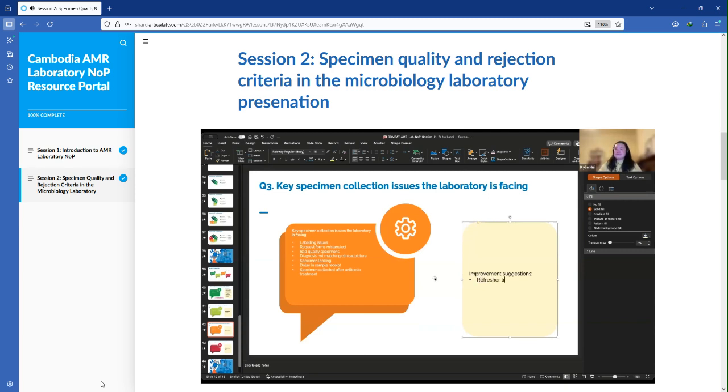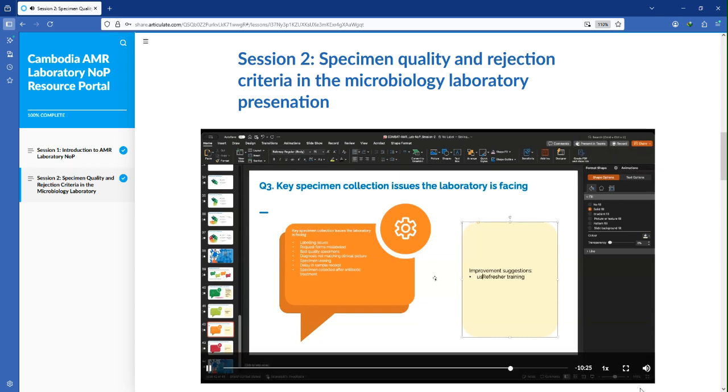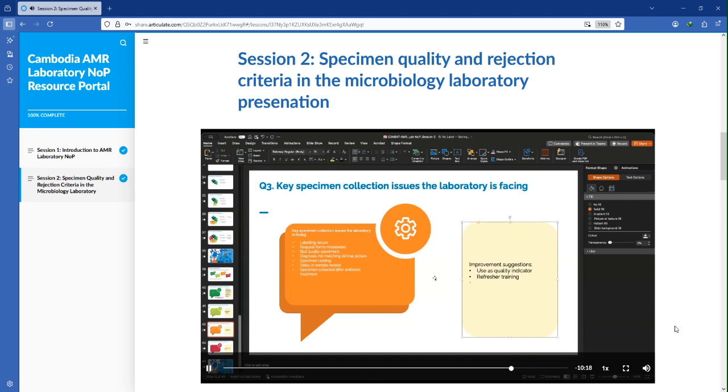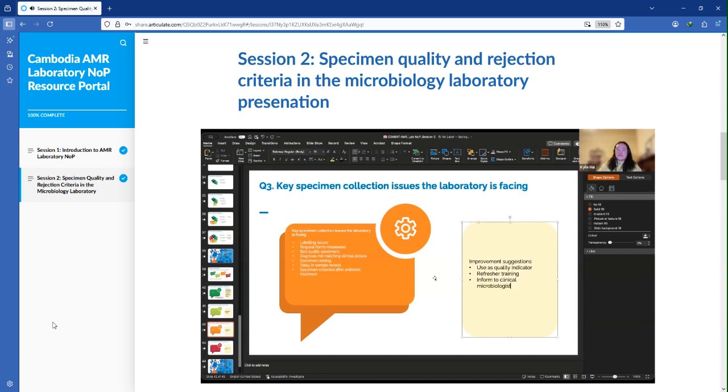We can keep this as a quality indicator in our labs and check every month if specimen rejection has increased due to something. So we will inform the clinician and the clinical microbiologist to refresh the clinician. Yeah. Some labs don't have a clinical microbiologist, but I think this will also be good for the ward heads to know about as well, or the head of the lab or heads of departments. Yeah.